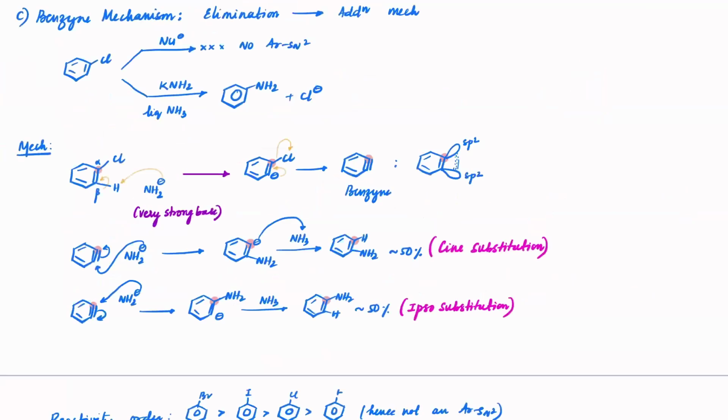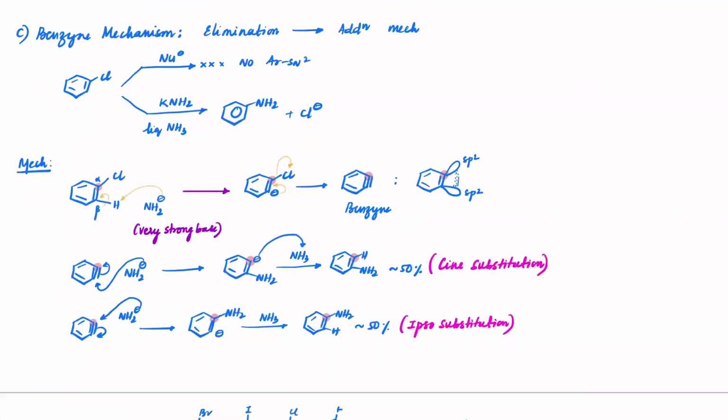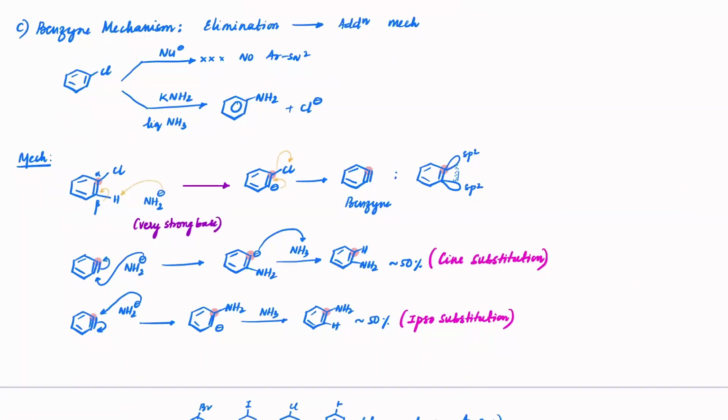This is evidence that there are actually two different products forming, if the isotopic carbon is present on it. So this form of product formation explains that it often happens via the benzyne mechanism.